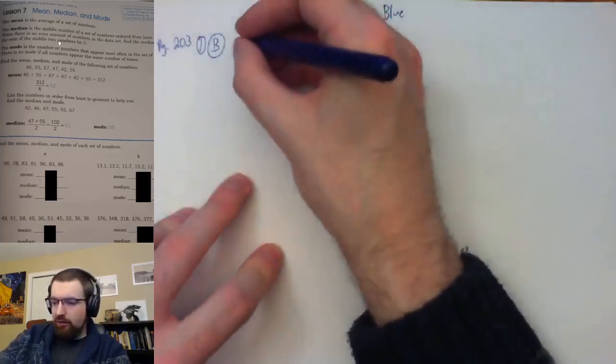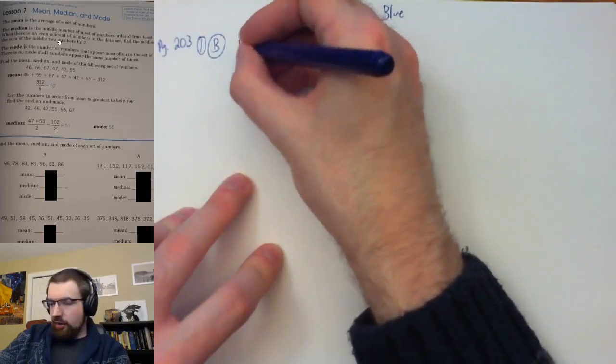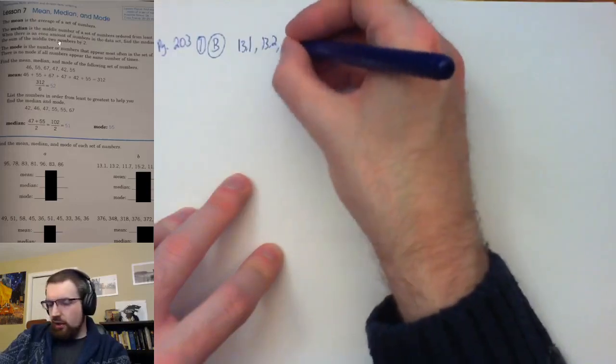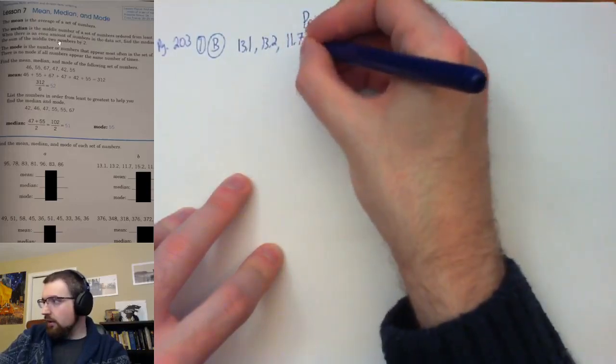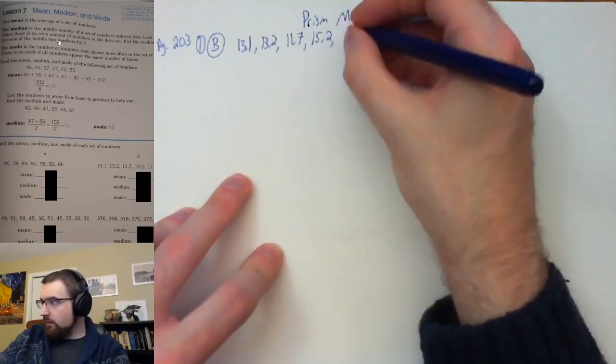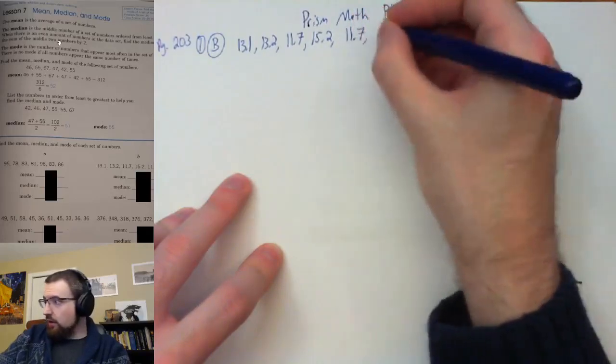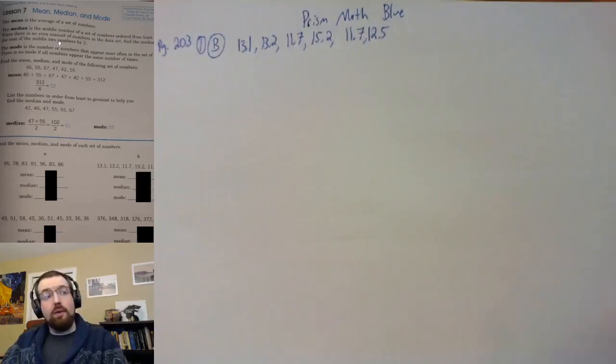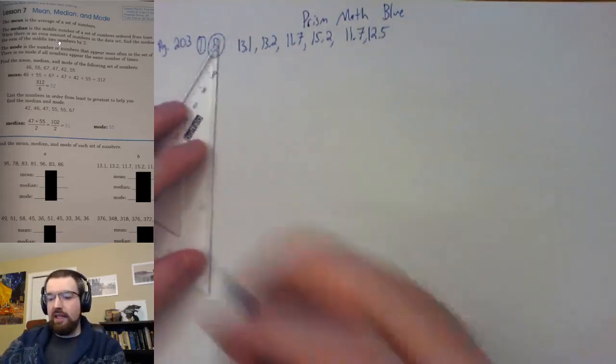All right, so our numbers for 1B are 13.1, 13.2, 11.7, 15.2, 11.7, and 12.5.